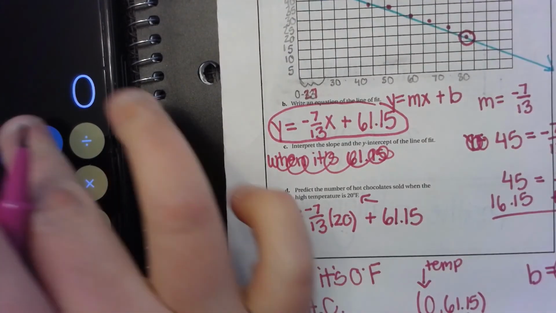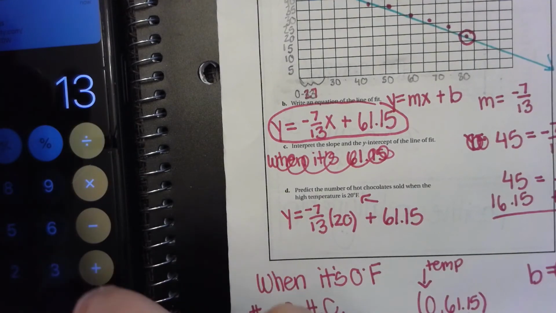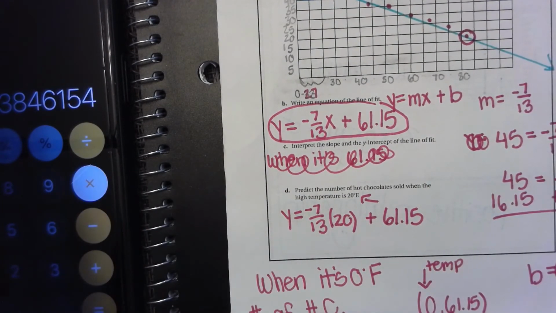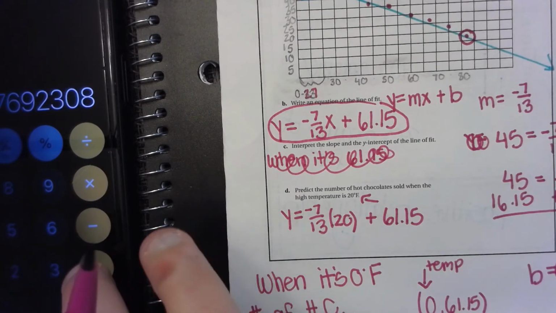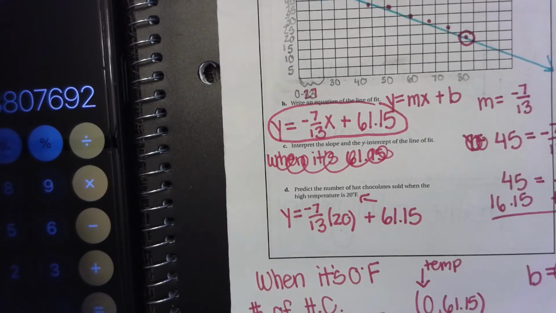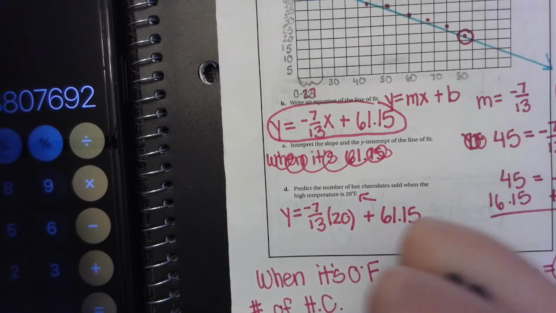So I have negative 7/13 multiplied by 20, and then I'm going to add 61.15.